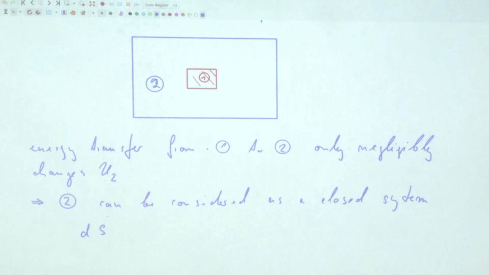I changed my notation here, so I think I should use a 0 here. And this is ds1 plus any heat transfer from system 1 to 2.